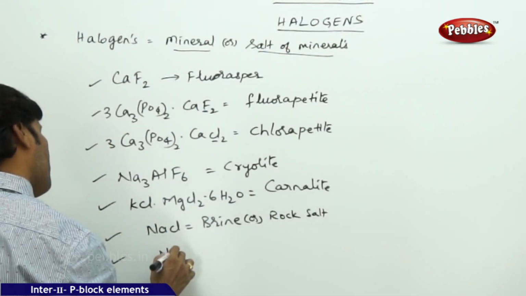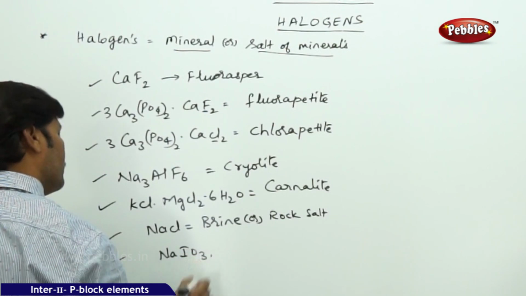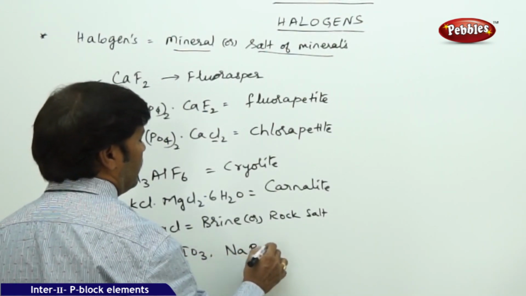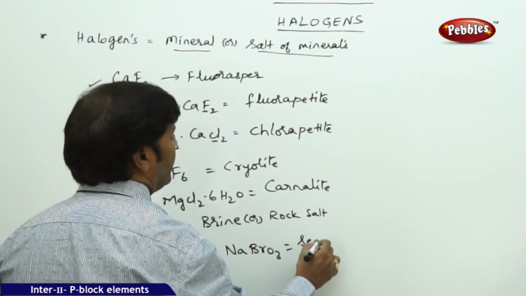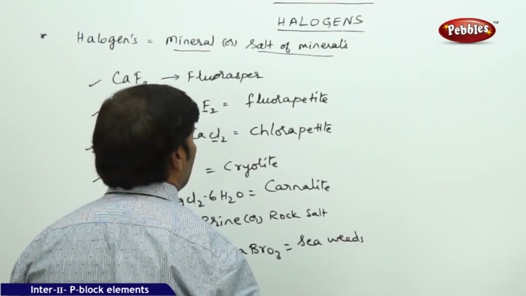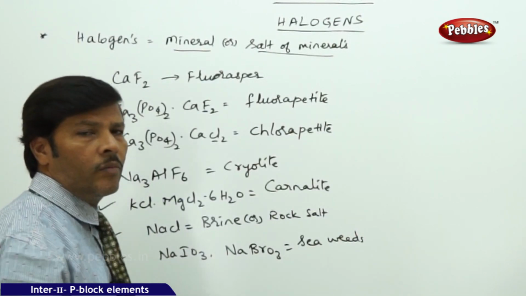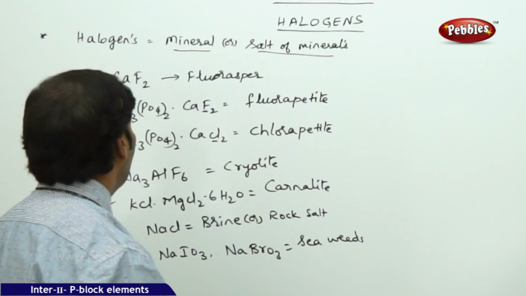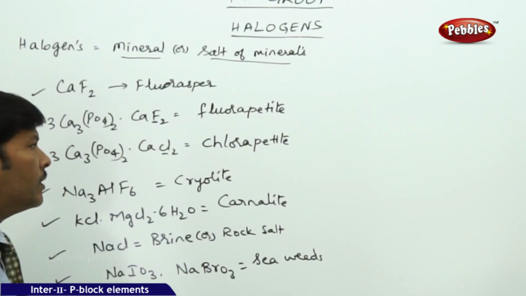Then NaIO3 and NaBrO3, which we can call seaweeds, and so on. So these are some of the important sources of the mineral ores of the halogens, depending on their availability.